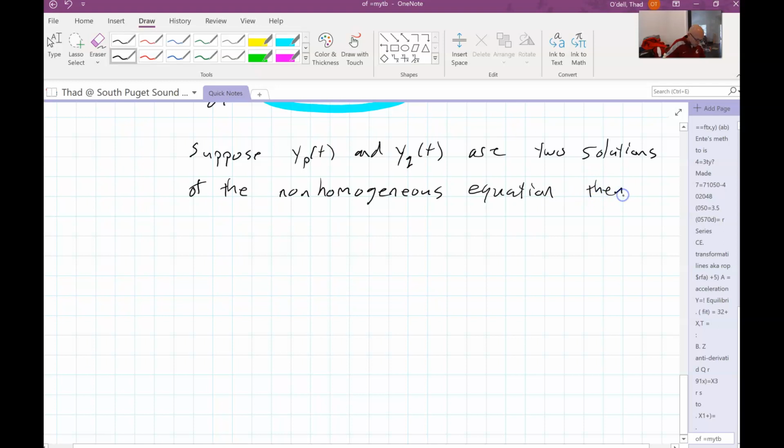Then we know that y sub p of t minus y sub q of t is a solution of the homogeneous equation.